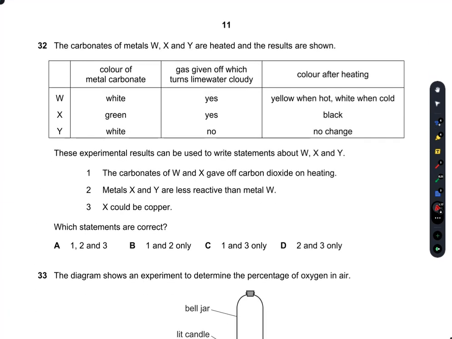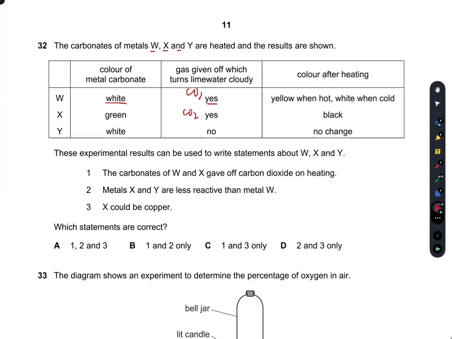The carbonates of metals W, X and Y are heated and the results are shown. Metal W's carbonate is white, and the gas given off turns lime water cloudy, so that will be CO2, and the color after heating is yellow when hot, white when cold.